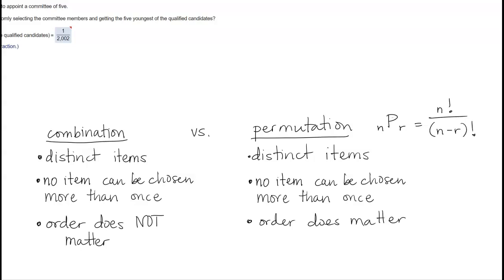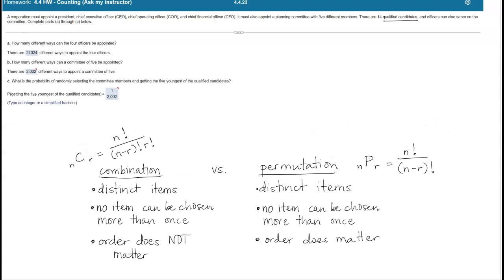Versus, if I had n items and I was trying to combine r of them, I would do n factorial divided by n minus r factorial with another r factorial in the denominator.